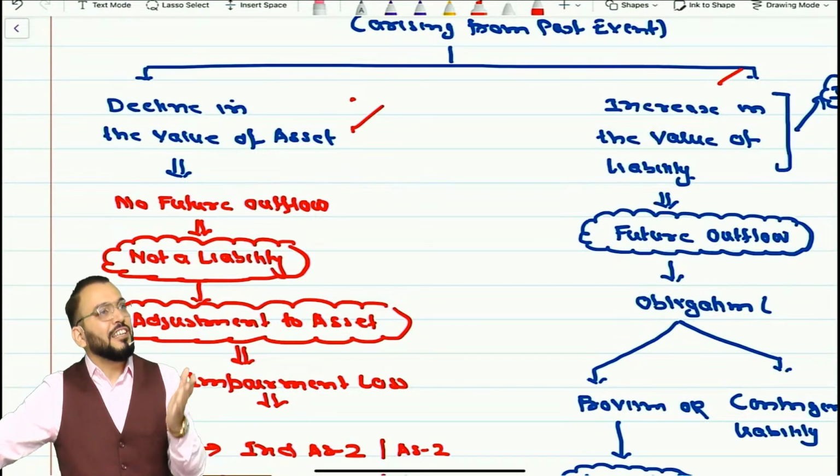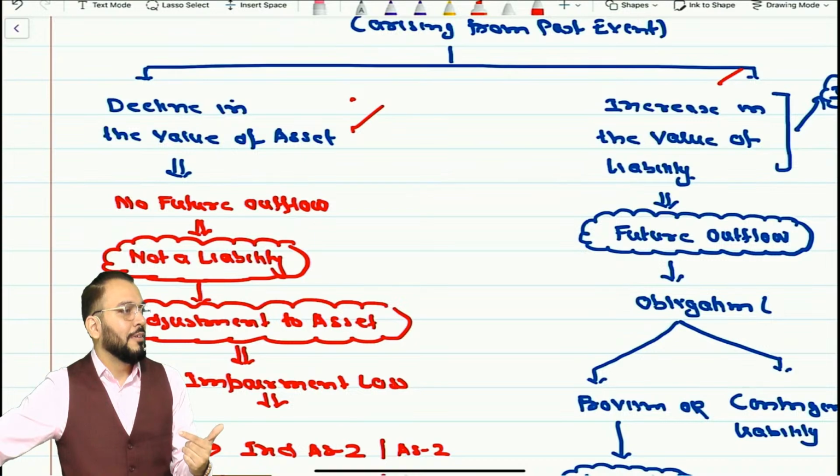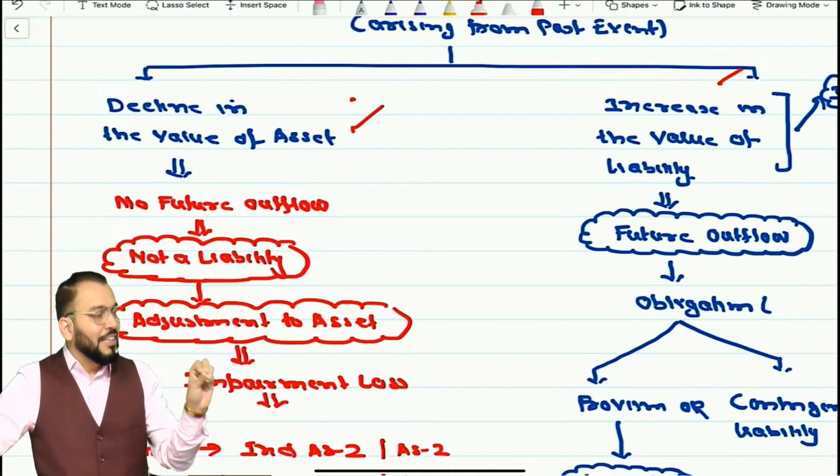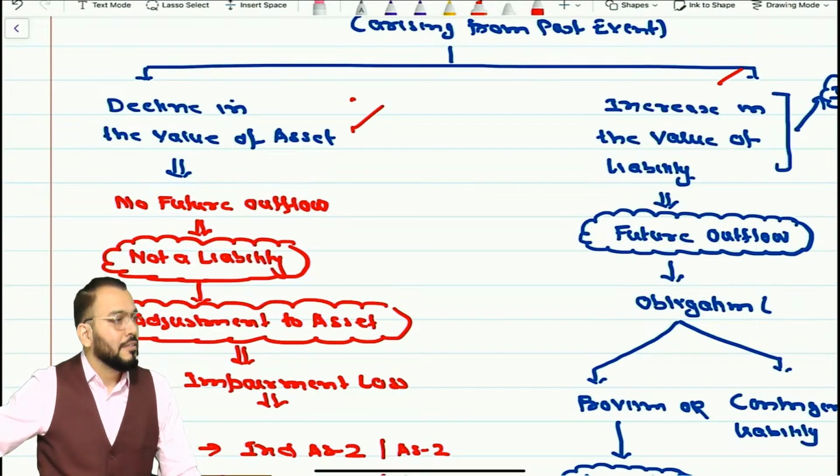You are saying generating income becomes inflow. If I am saying it loud, don't feel bad. Value of the asset will decline, so it is the first part. You are saying second part.